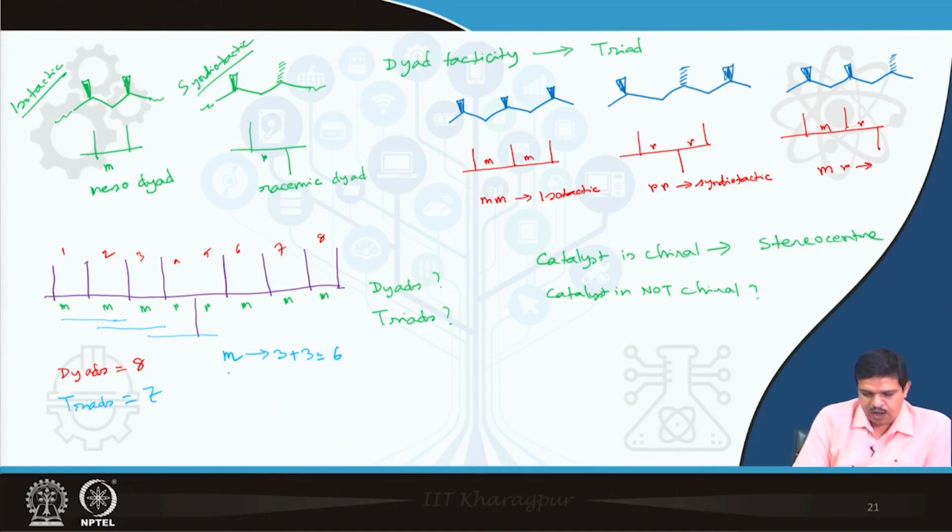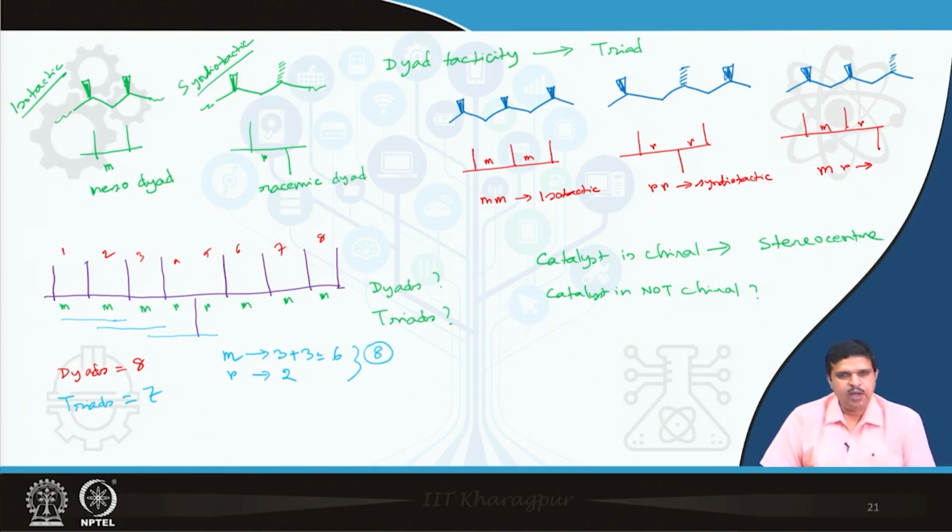So, r is 2. So, the total is 8, clear. So, out of 8 diads I have 6 m and 2 r.